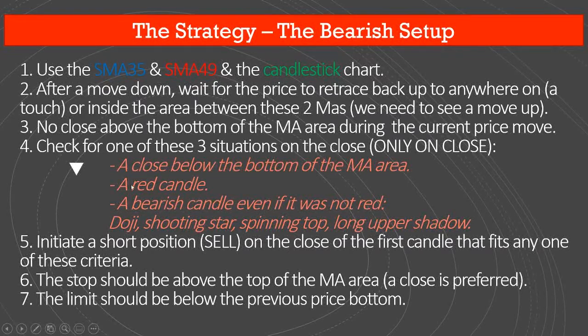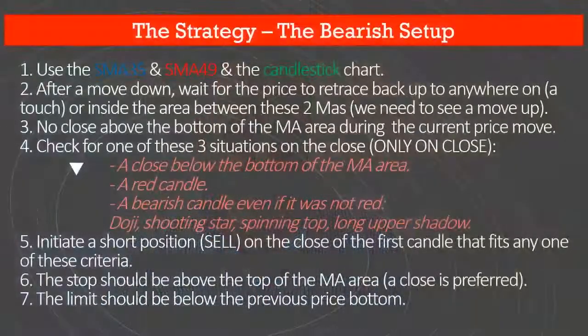Okay? If we see one of these three, not all three, we initiate a short position. That's a sell on the close of the first candle that fits any one of these criteria. Any one, once again, I want to remind you, we are talking about one of these criteria and not all of them together.